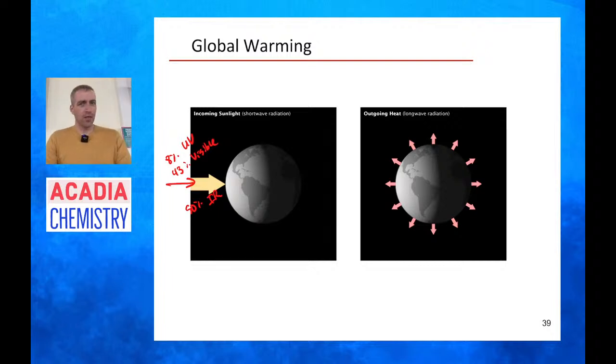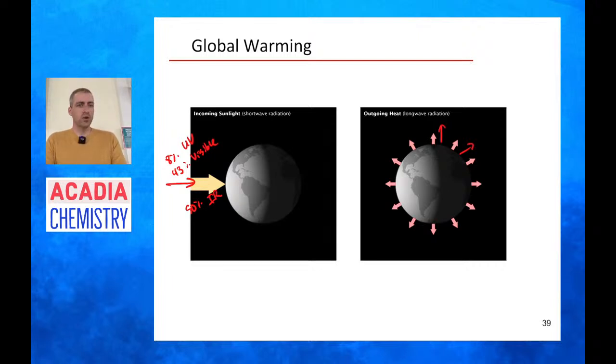I'm going to talk about how and why that happens in a second. But what you can see is the Earth, from both the side that's being illuminated, where it's day, and the other side as well, is emitting light out with all these arrows. So the Earth is constantly absorbing energy from the sun and is constantly emitting energy back out in the form of light as well.